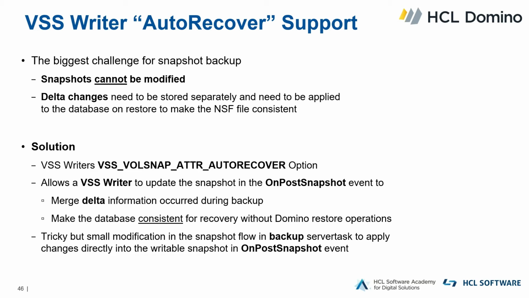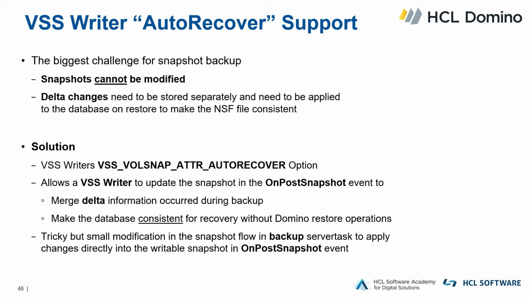That means first the snapshot is taken, and then after the snapshot has been done, the VSS backup allows the backup application to add Delta information, the last transactions, for example, to the snapshot. This is, for example, used with SQL Server from Microsoft, where they put the last transactions back into the snapshot.